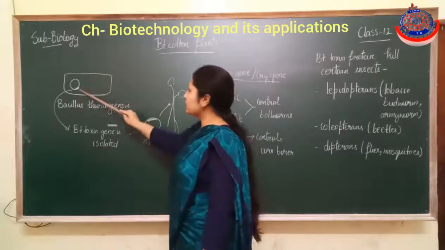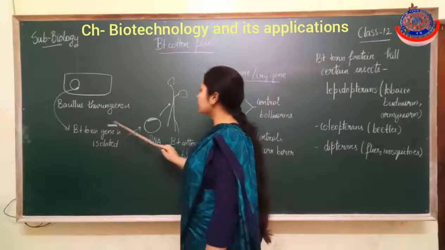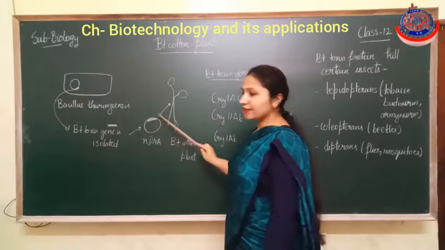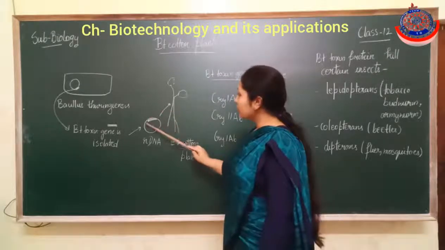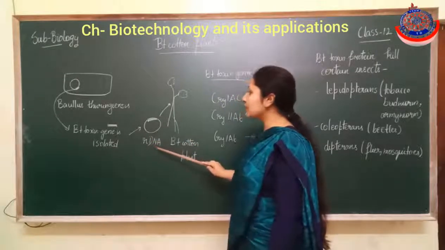So when this BT gene is isolated and then cloned in a vector, clear? Till here it is clear to all of you that when it is cloned in the vector, it is known as rDNA, that is recombinant DNA.